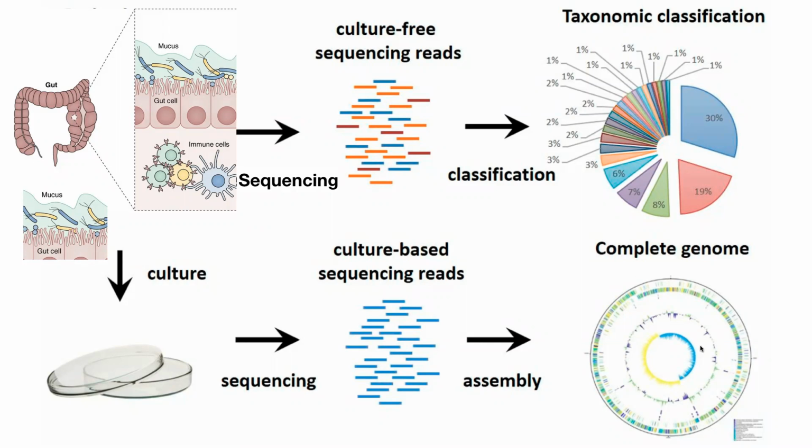Or we might be interested in looking at complete genomes. For taxonomic classification, the full sequence of each individual is actually not that important, right? And we'll talk about how to actually do that.